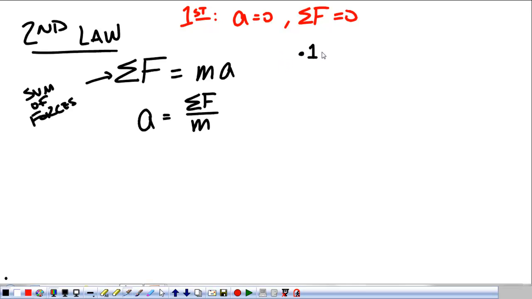1, forces change the motion of an object.